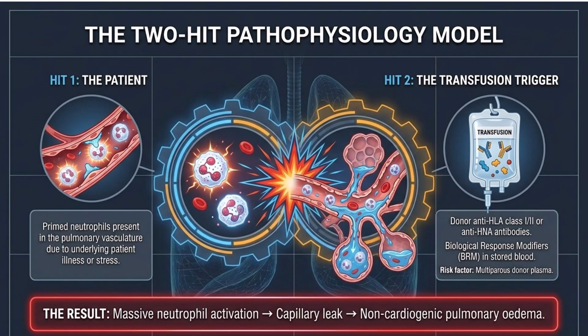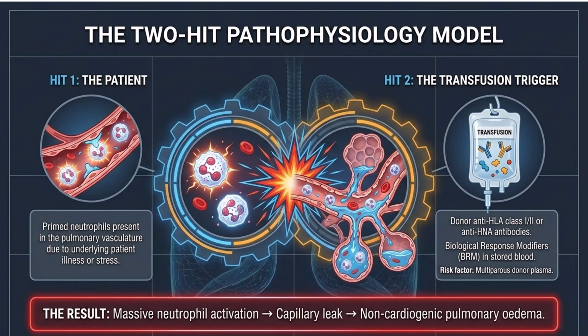These primed neutrophils are sensitized, in a trigger-ready state to mount a massive inflammatory response. Without this first hit, transfusion alone rarely causes TRALI. So this explains why not every patient who receives antibody containing blood develops TRALI.